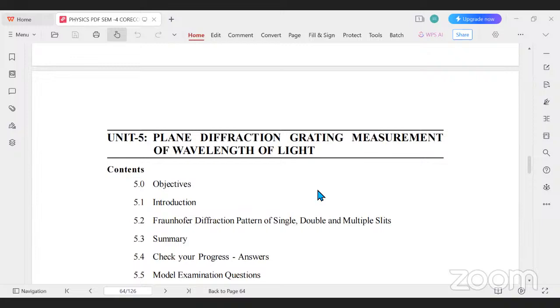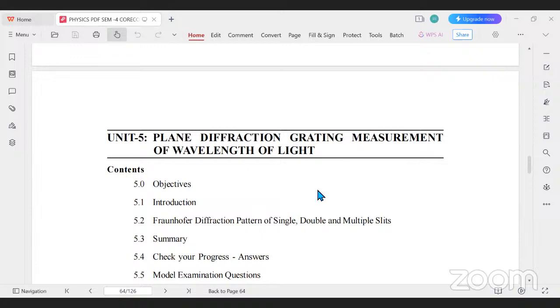Coming to the topic, that is plane diffraction grating, measurement of the wavelength of the light. So what is grating? Why do we need to discuss grating in physics? In general terms we know what grating is, but we need to discuss it in physical language. So why does this grating help to find out the light?